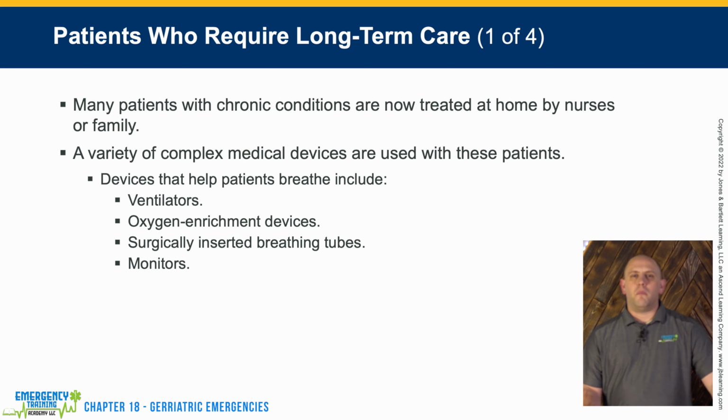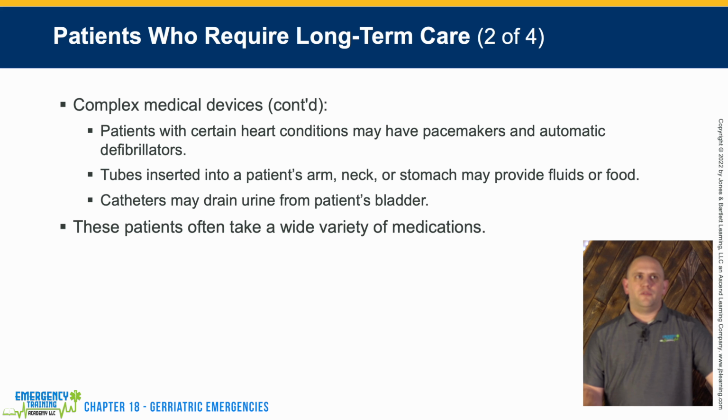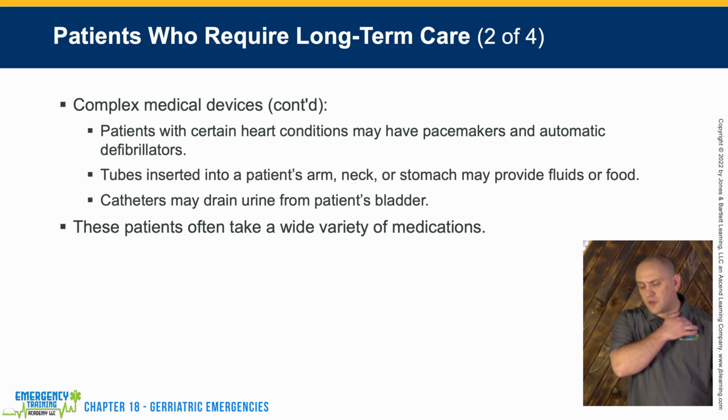They may have monitoring devices that they have on them or in their home. Patients that have severe heart conditions can also have internal pacemakers that have been surgically implanted under their skin, or they might even have AEDs at their house.